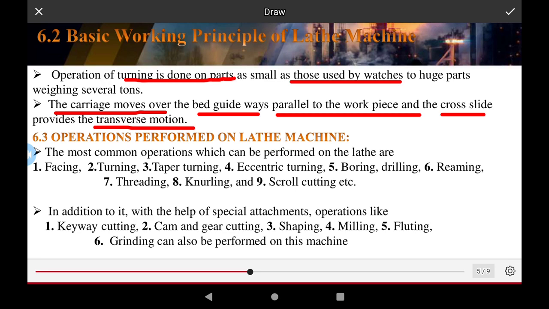Operations performed on the lathe machine. The most common operations which can be performed on the lathe machine are facing, turning, taper turning, eccentric turning, boring, drilling, reaming, threading, knurling, and square cutting.